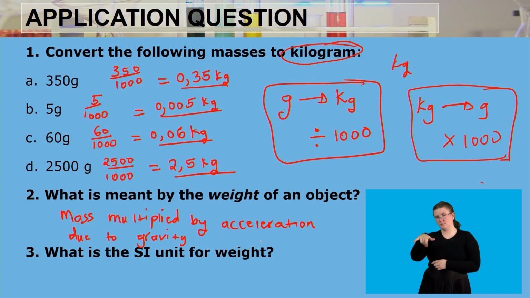So in simple terms, W for weight is equal to mg, mass multiplied by the acceleration due to gravity.